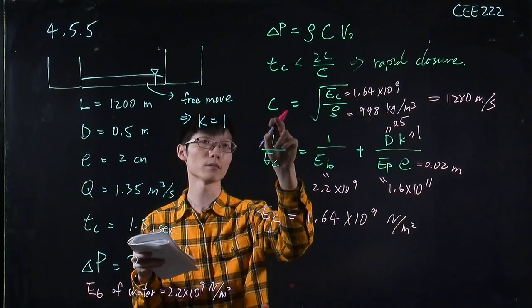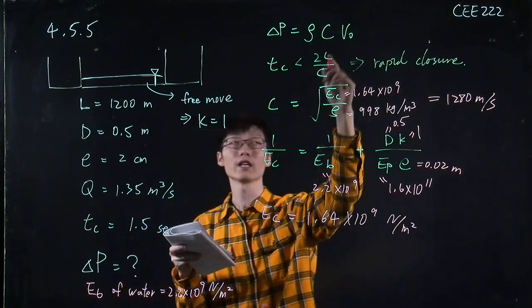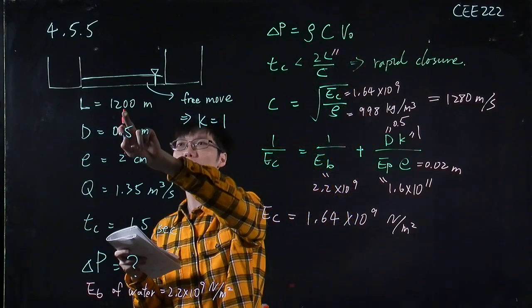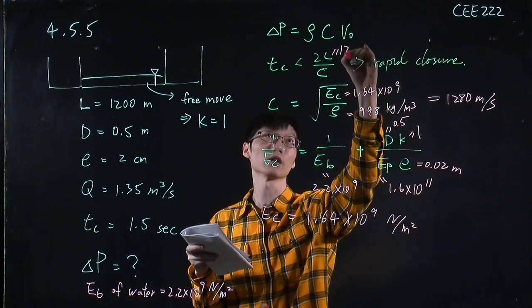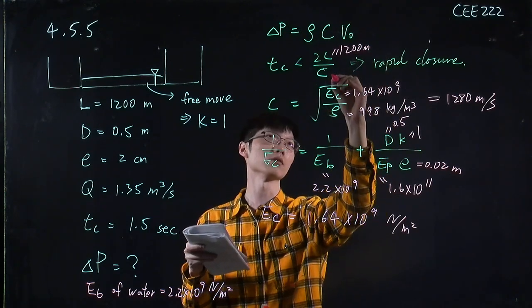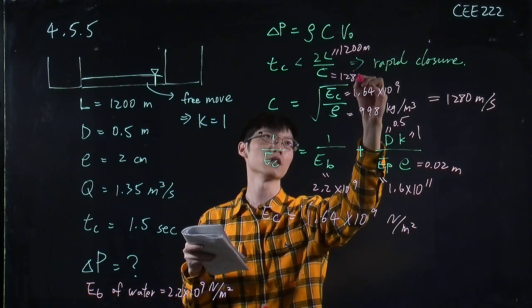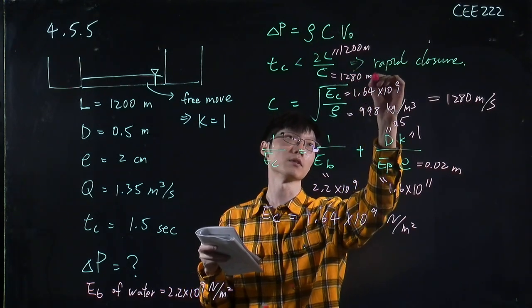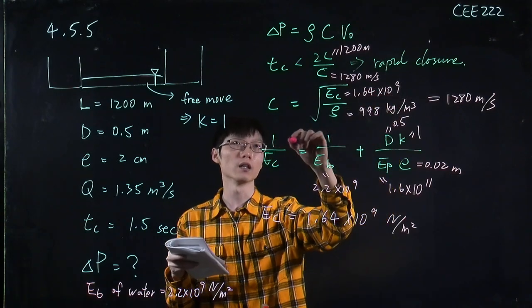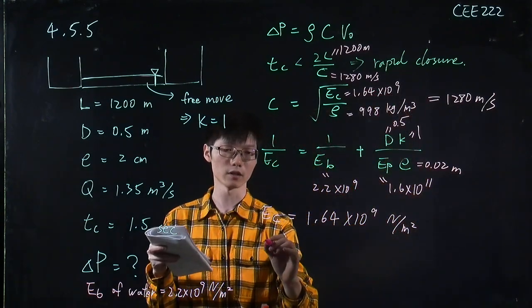Okay, so we now have the speed of the pressure wave. Then we can further plug this value into this equation, where L is equal to 1,200 meters, and C is equal to 1,280 meter per second. Let me write down here.